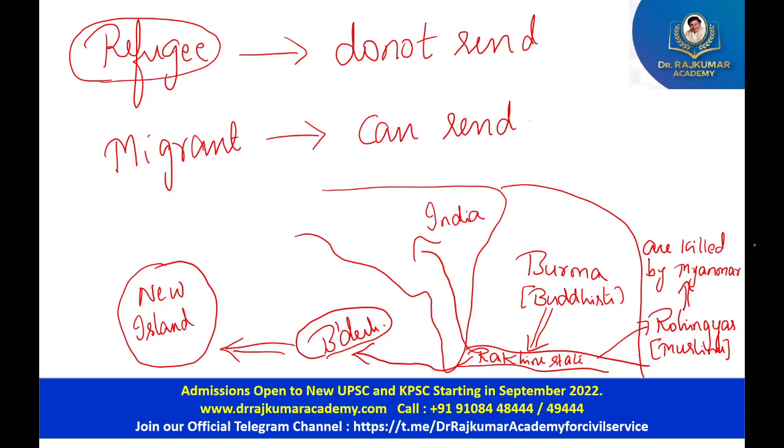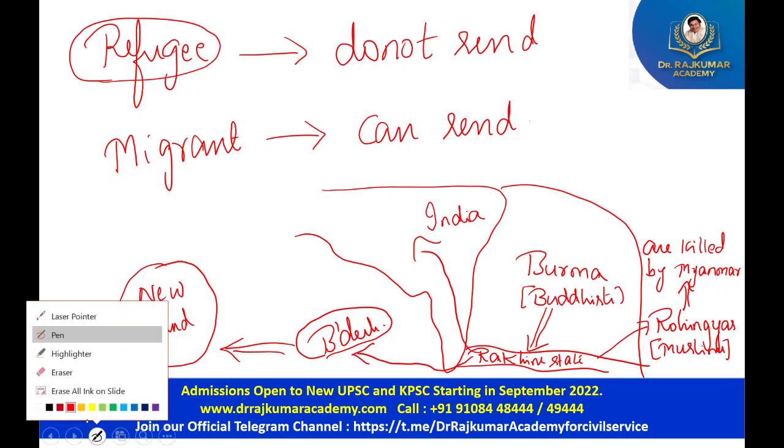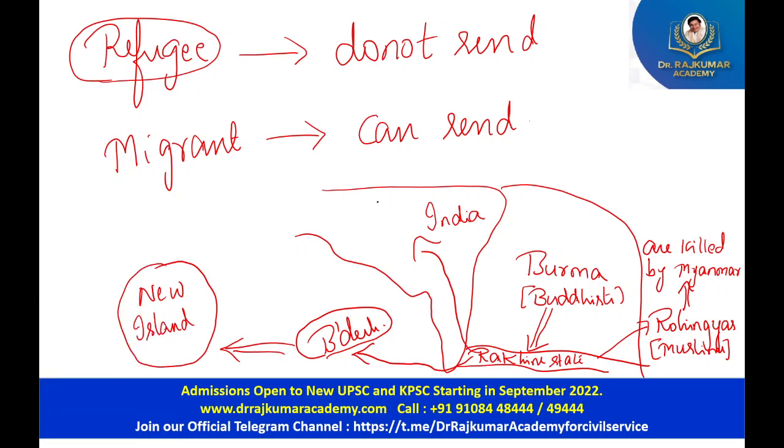This is what we try to tell. Now, India always used to call Rohingyas refugees, which means that Rohingyas are killed by the Myanmar government. Now, whenever India used to say this, Myanmar was not happy.